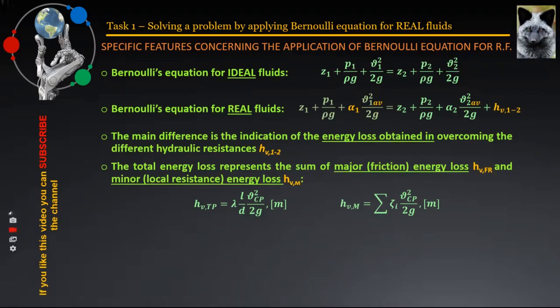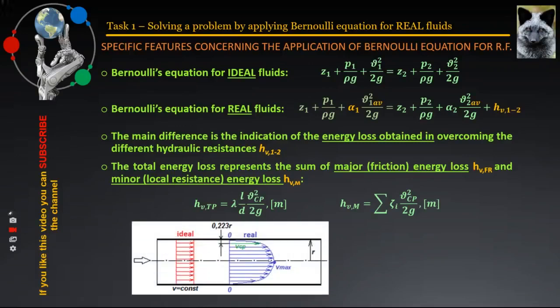A second specific feature is that in case of real fluids, unlike ideal ones, the flow average velocity must be used. The reason for this statement is illustrated in the following picture.